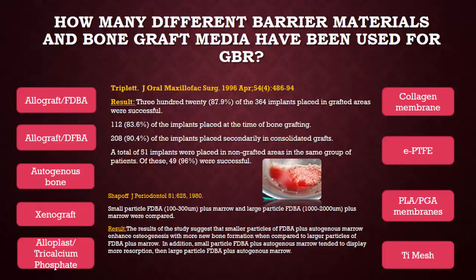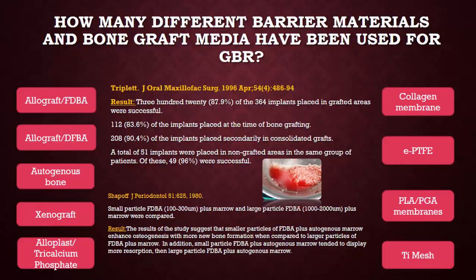The result of this study suggests that smaller particles of FDBA plus autogenous bone enhance osteogenesis with more new bone formation when compared to the large particles of FDBA mixed with the autogenous bone. However, in addition, the small particle of FDBA plus the autogenous bone tends to display more resorption than the large particle FDBA plus autogenous bone.